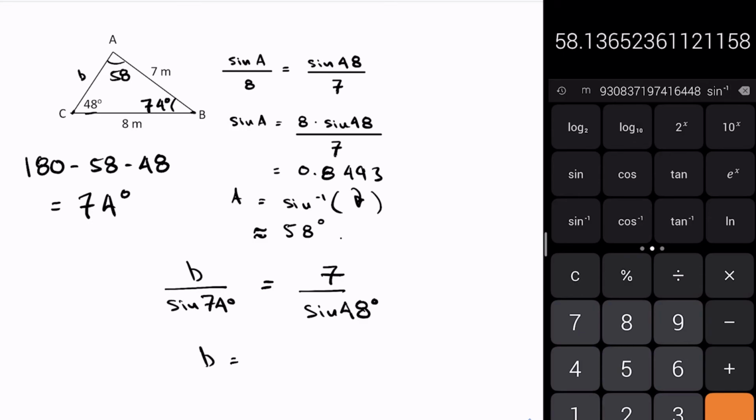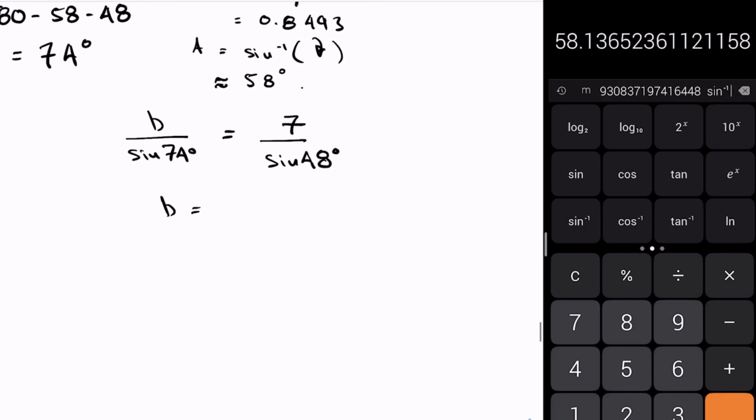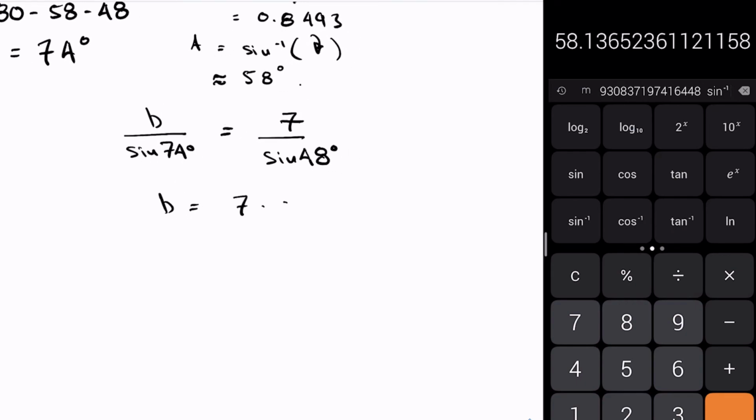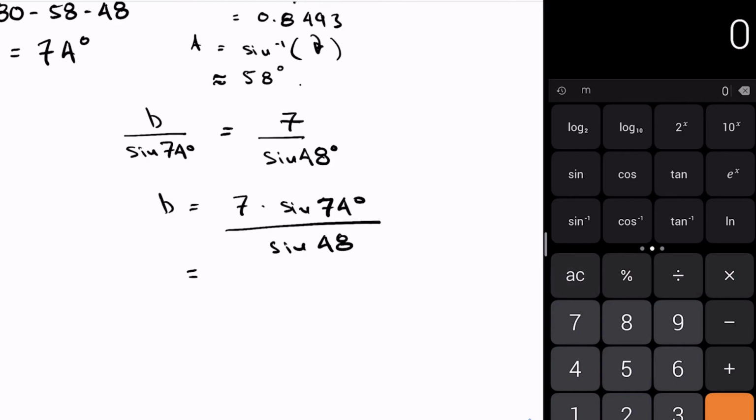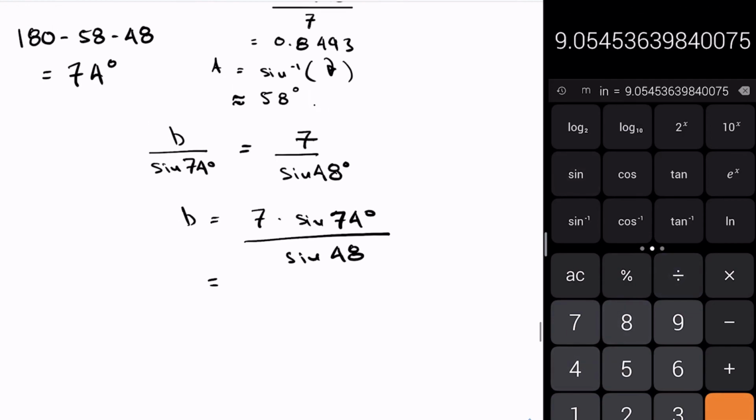And my B value is going to be 7 times sine of 74 divided by sine of 48, which gives us, let's see, 74 sine times 7 divided by 48 sine equals 9.05.